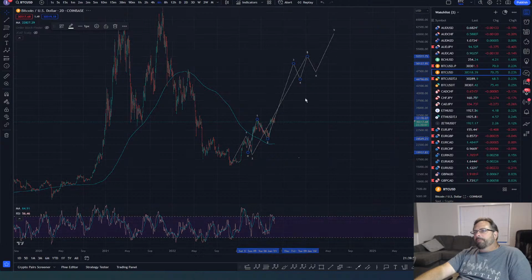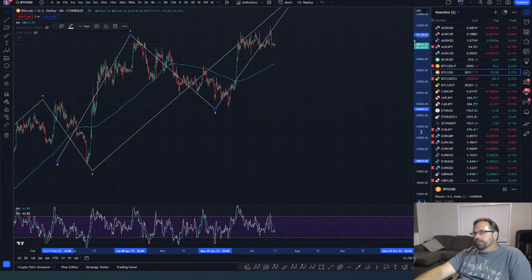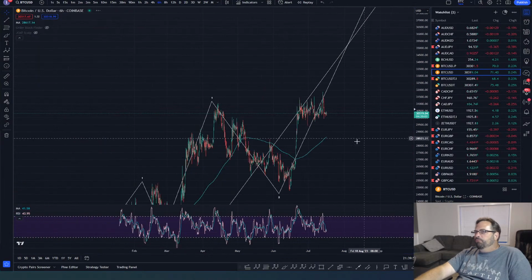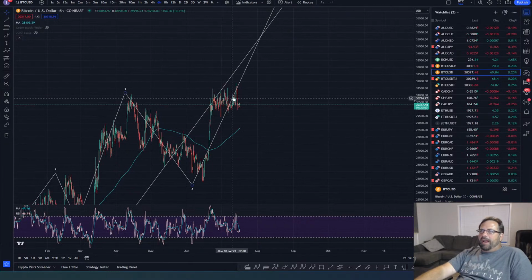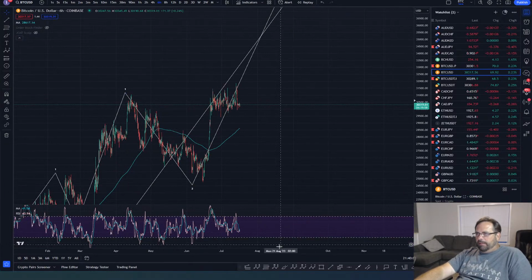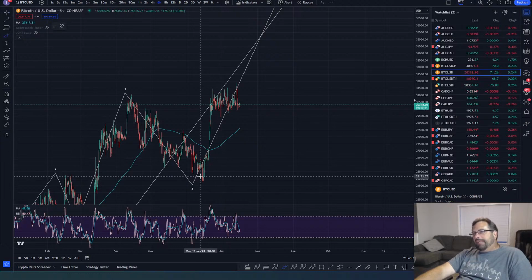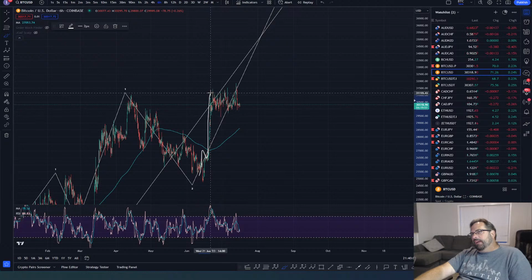So when you zoom in here, what's the bullish look? Well, very rarely do you get a sideways wave 2. Now you can get them. 1, 2, 3, 4, excuse me, sorry about that.